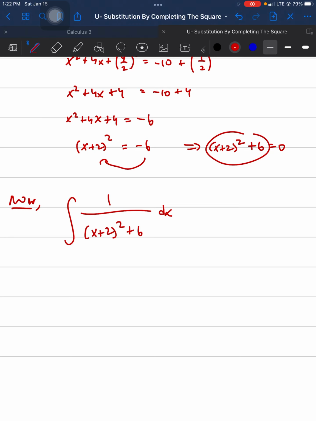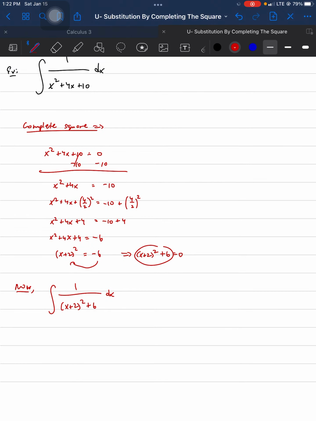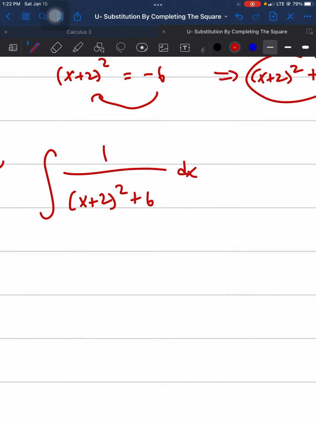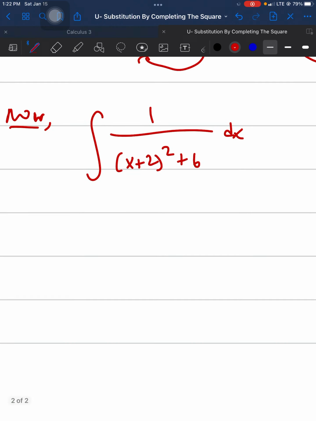Now this is where we're going to be using U-substitution, because remember, this is U-substitution by completing the square. The first step is usually completing the square, and then we do U-substitution. Now, like any U-substitution problem, we determine what's U, and then solve.